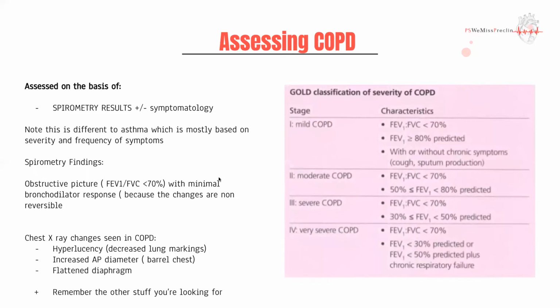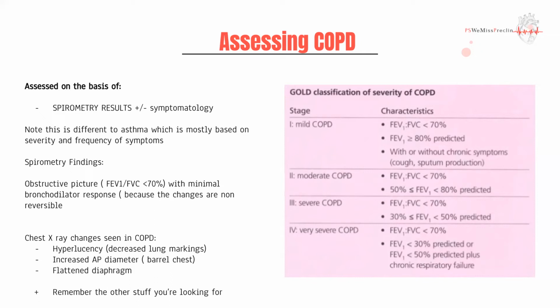The classification system we use, the most commonly used one, is the GOLD system of classification, and it basically uses the FEV1 to predict the severity. Now, what's unique about classifying COPD is that it's classified based on a test, which is very, very different to the way we classify most other conditions, right?